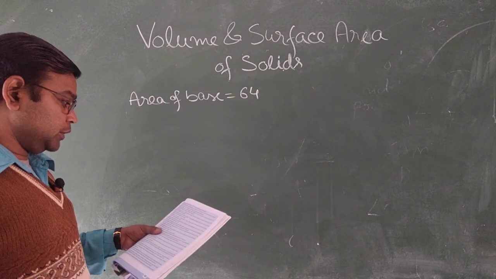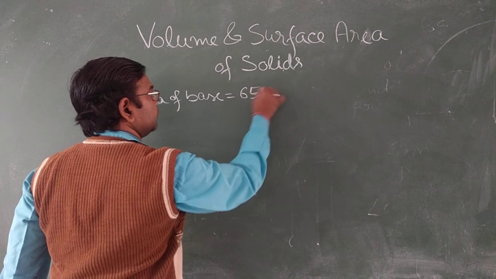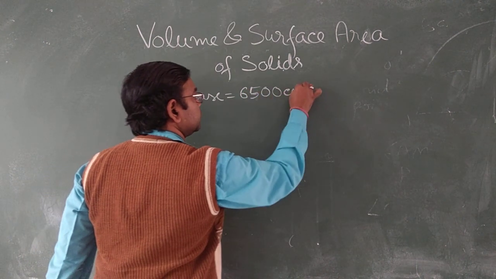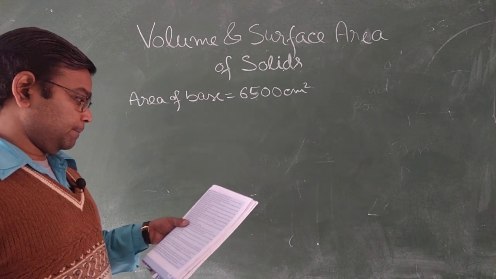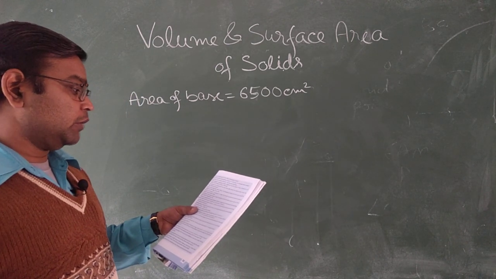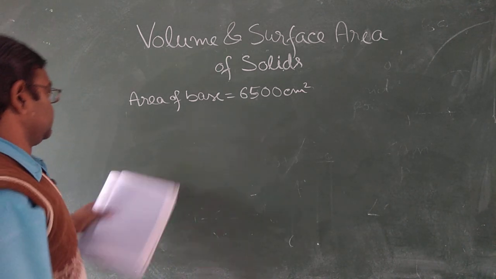Area of base equals, sorry, 6500 centimeter square, not 4, 6500 centimeter square, and the volume of water contained in it is 2.6 cubic meter.